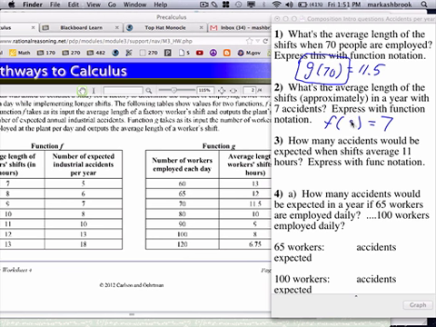And that is the 9-hour shifts. 9-hour shifts result in about 7 accidents a year. Do we have that expressed as the inverse? Yeah, we're working on that Monday.